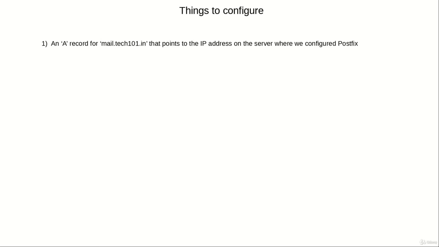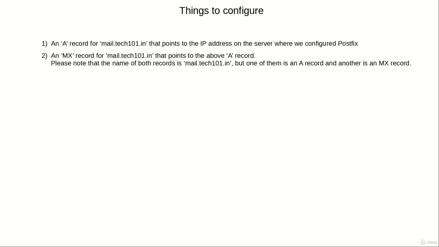Since we will use email addresses with the suffix @mail.tech101.in, we will configure an MX record also named mail.tech101.in that points to the above A record. Note that both the records will have the name mail.tech101.in, but they are of different types, A and MX, and mean different things. I will explain more when we configure the records. And a TXT record that contains SPF information. We will learn more about SPF while we configure that record.